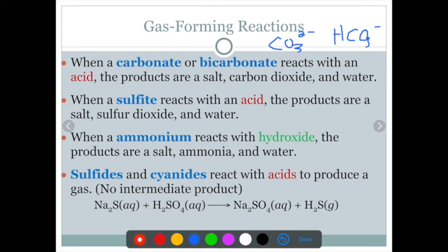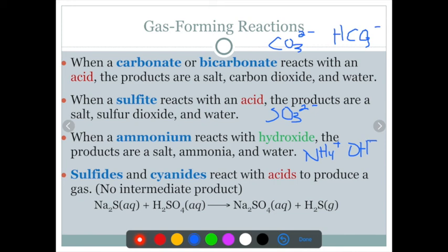When they react with an acid, they'll form that intermediate product. When we have sulfite, sulfite is SO3, -2. Okay, when that reacts with an acid, it's going to produce that intermediate product. And then when we have ammonium, so ammonium is NH4. When it reacts with hydroxide, which is OH, it's going to produce an intermediate product.